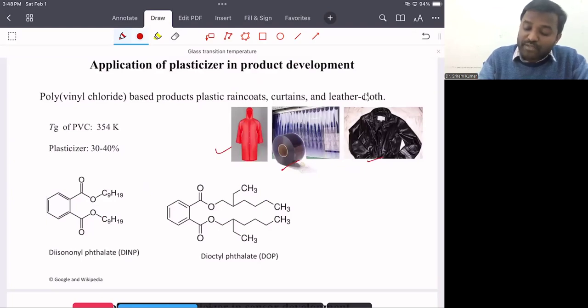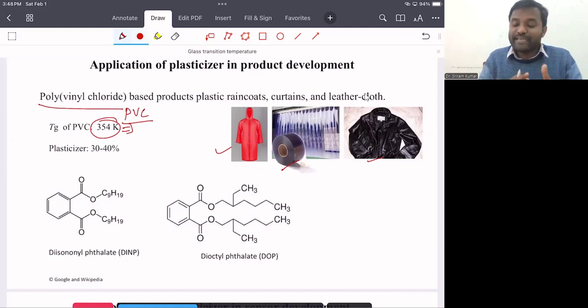These kinds of materials are made of polyvinyl chloride, the PVC polymer. Since PVC polymer is very brittle in nature at room temperature, because it has a very high glass transition temperature, that is 354 Kelvin.